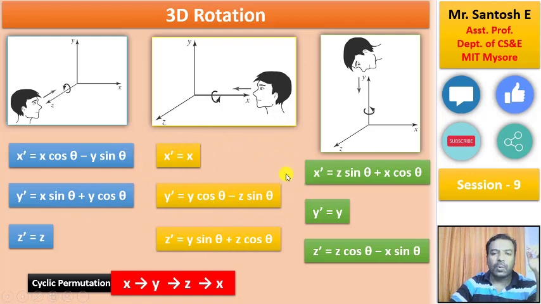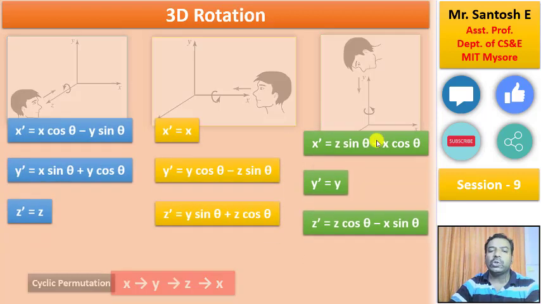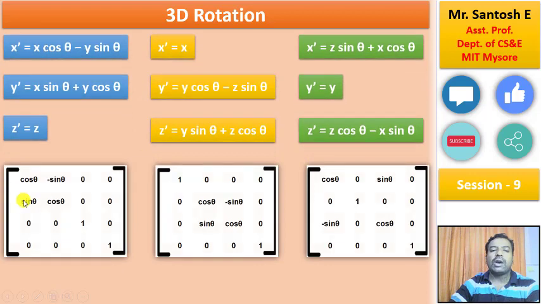So for this obtained form, again, if you apply this cyclic permutation by replacing x with y, y with z and z with x, I am going to get the form with respect to the y axis. And once we have this form, I am going to have the following three matrices. Now it depends upon which rotation you are going to apply.